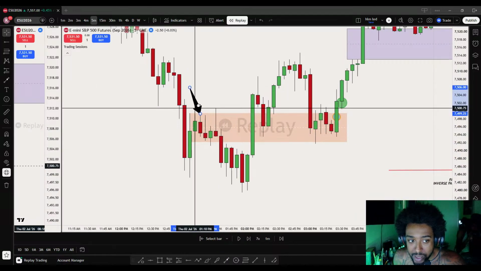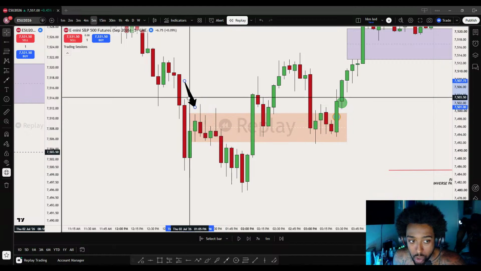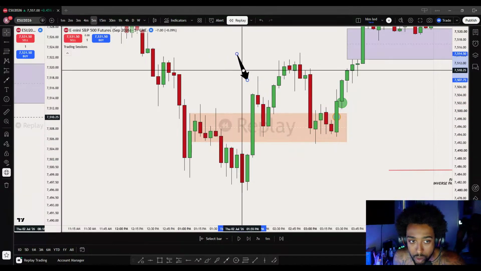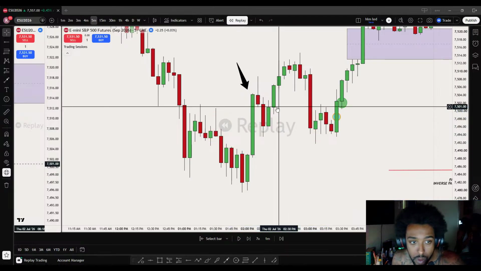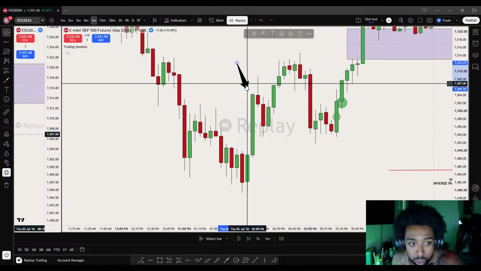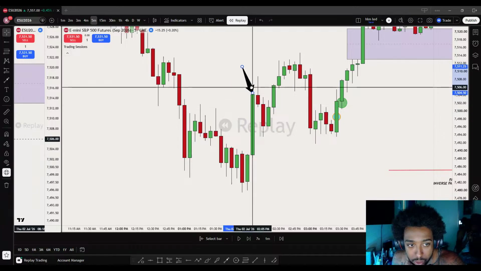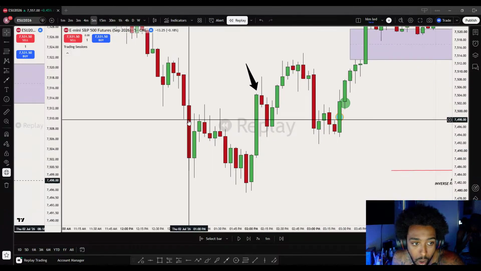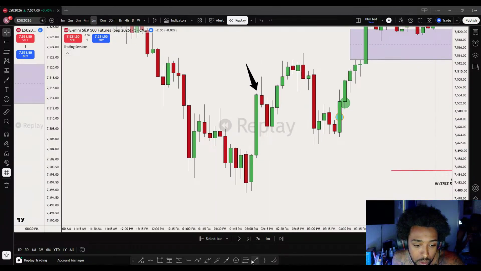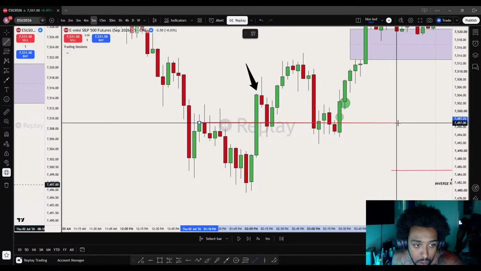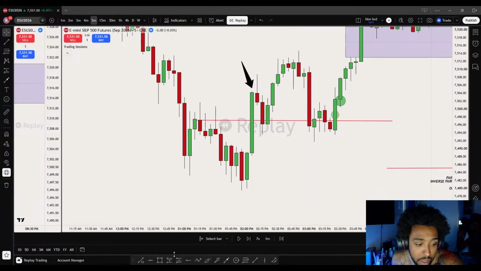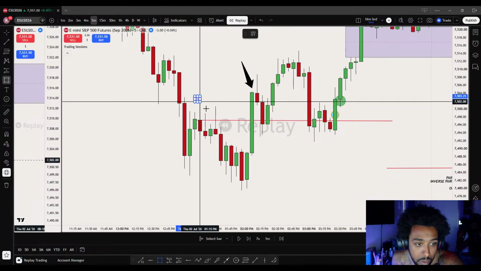So the fact that we started going down and closed above here, let me delete this zone right quick. We went down and we closed above all of these bearish candles right here. So look at the order block. If I actually draw all of the candles going down from here to here.